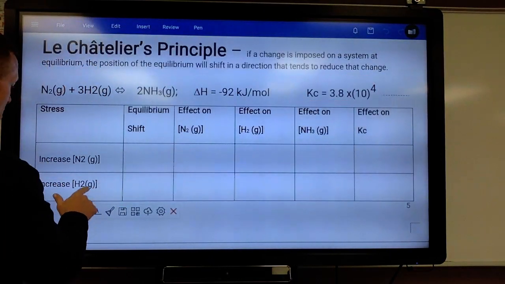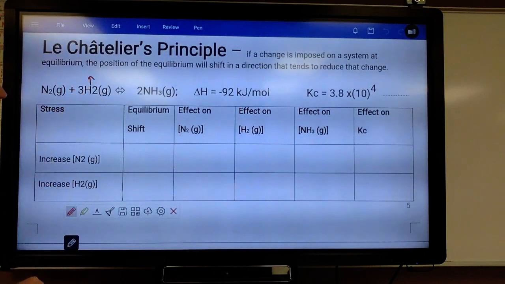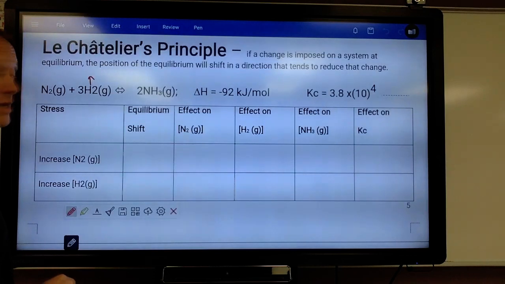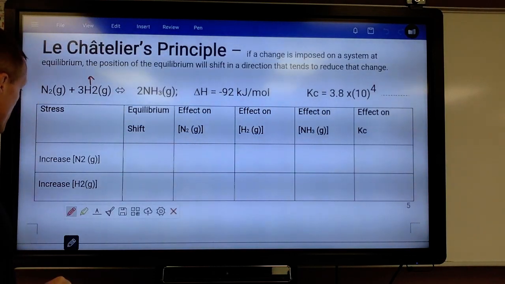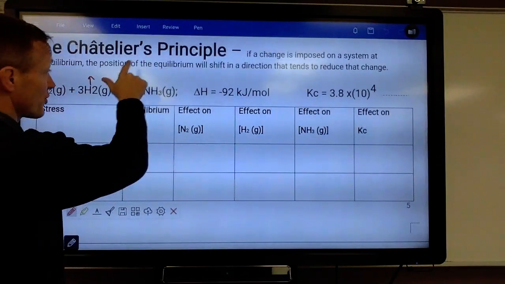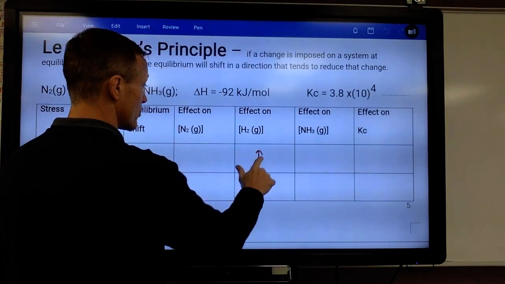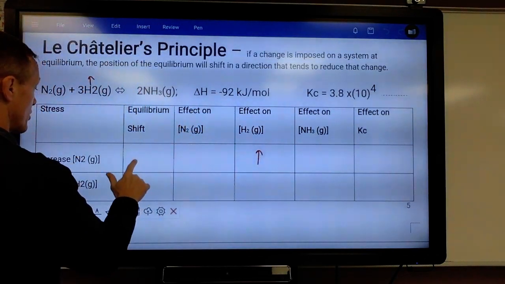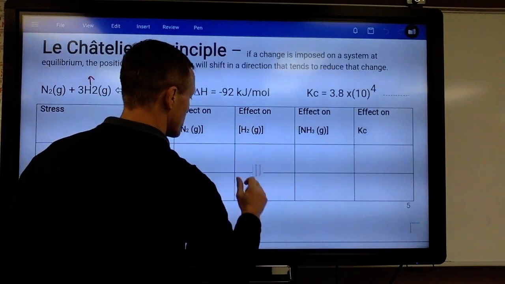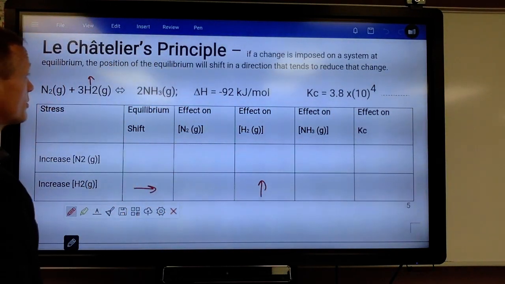All right, if we increase the concentration of H2, so if we increase this concentration, again, the equilibrium is going to shift to try and use some of that up. So the reaction has to shift to the right to try and use some of that H2 up. So we're going to have an increased H2 is what we're adding. The equilibrium will shift to the right to try and use some of that H2 up.